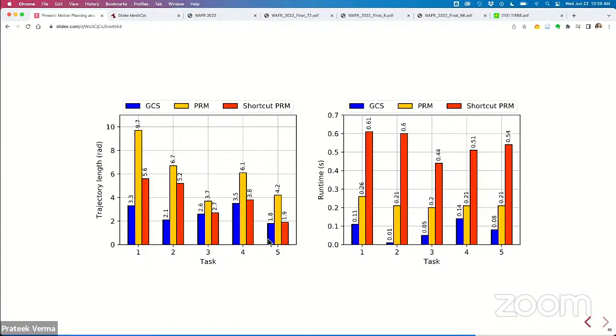And the graph of convex sets took 8 sets to pick. And we used all the same points. We tried to be super fair to the PRM. All the same points we used to seed the regions were also in the PRM. We used RRTs to connect, gave it every possible advantage we could. Okay, and the shortcut does better, of course, but is not optimal.